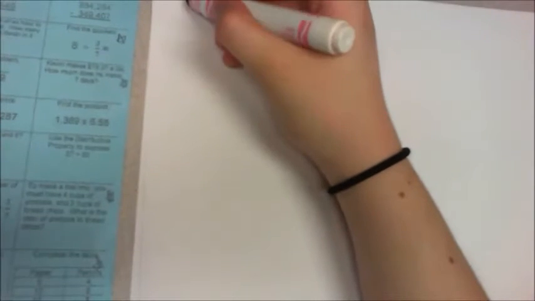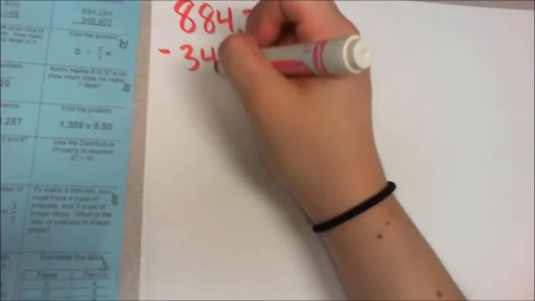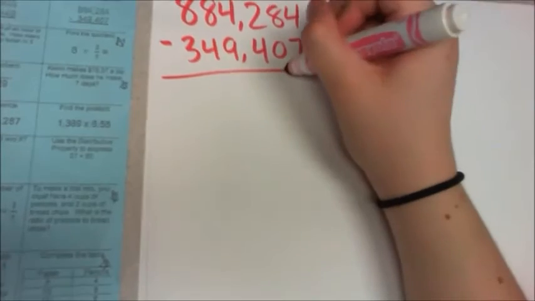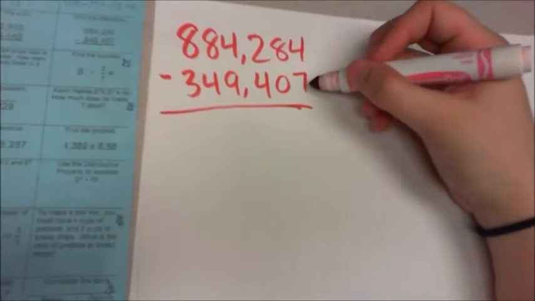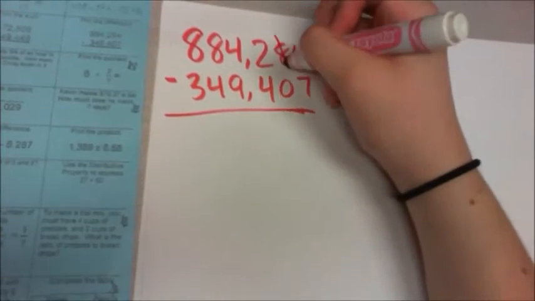The next one we have to do is a super easy subtraction problem. We have 884,284 minus 349,407. Well, let's subtract. 4 minus 7 you cannot do, so you must borrow from the 8.